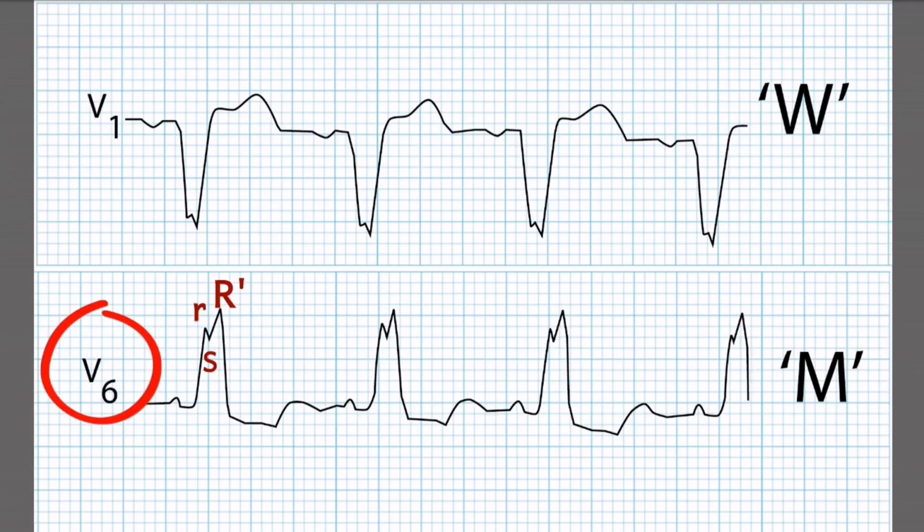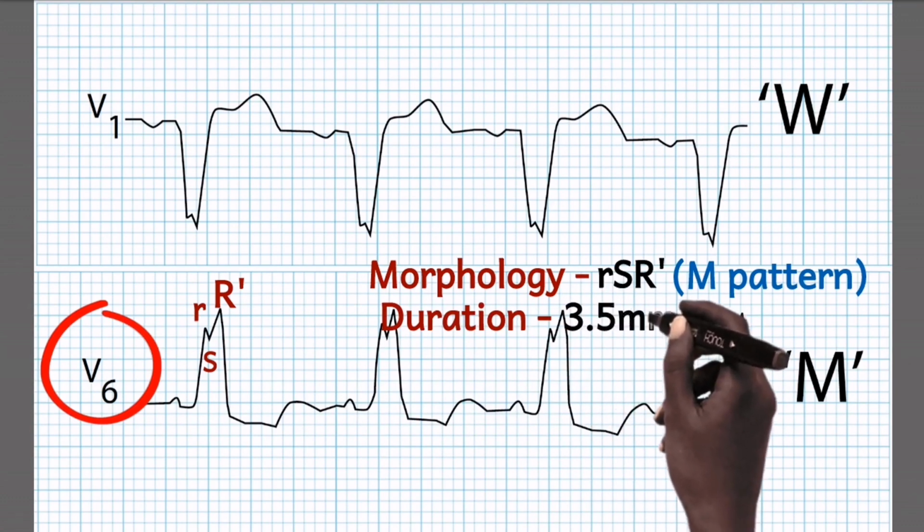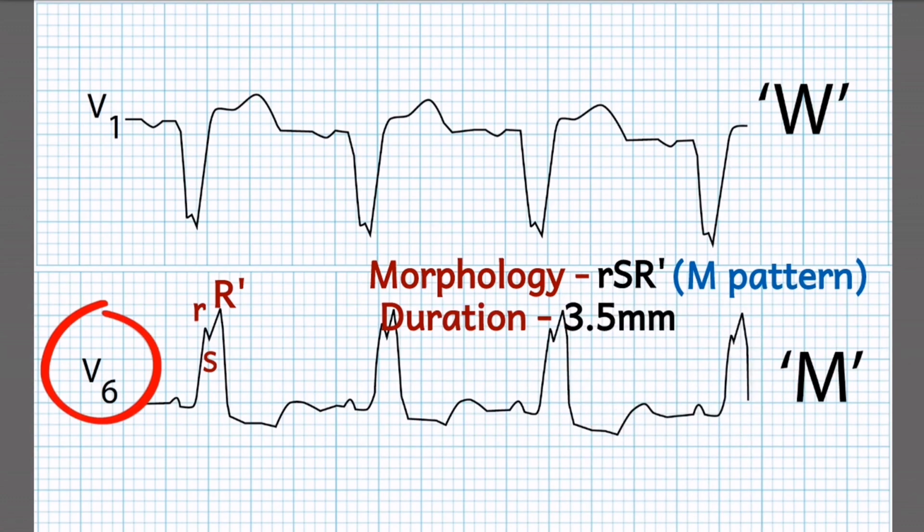So if you look at the morphology, again you see the RSR prime pattern, which gives the M pattern. And if you study the duration of this QRS complex in V6, you'd see that it is 3.5 small boxes, in other words, 3.5 millimeters. And this gives a left bundle branch block, the complete type, because of the duration.